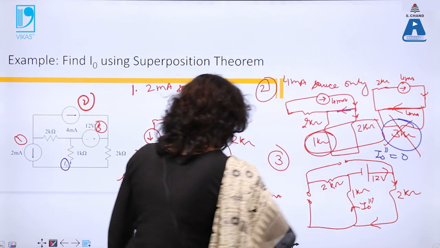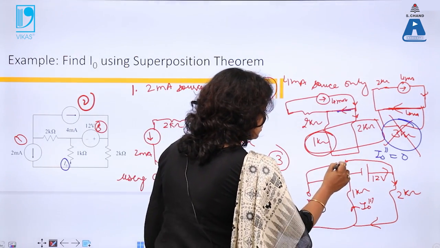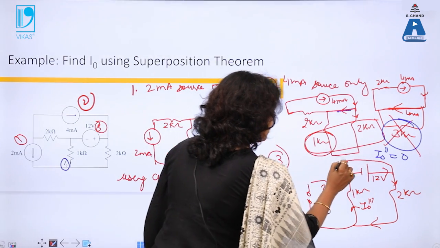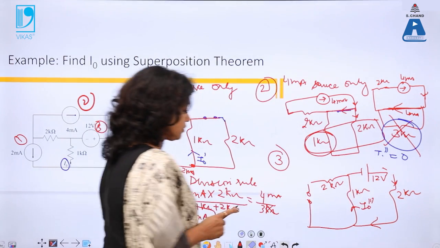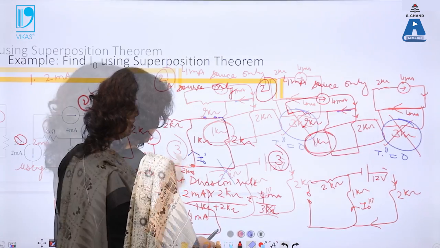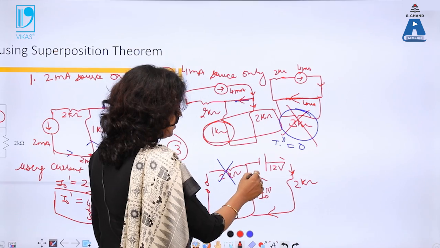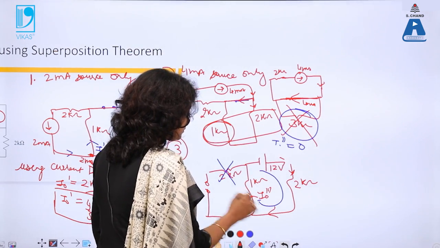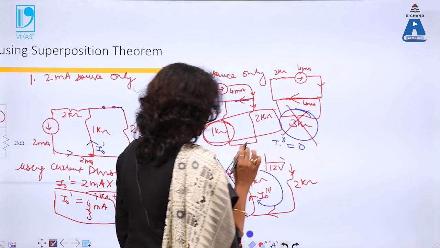So let me use eraser just to make the circuit more clear. I erase this branch. So now the current will only be in this loop, which is I naught triple dash.